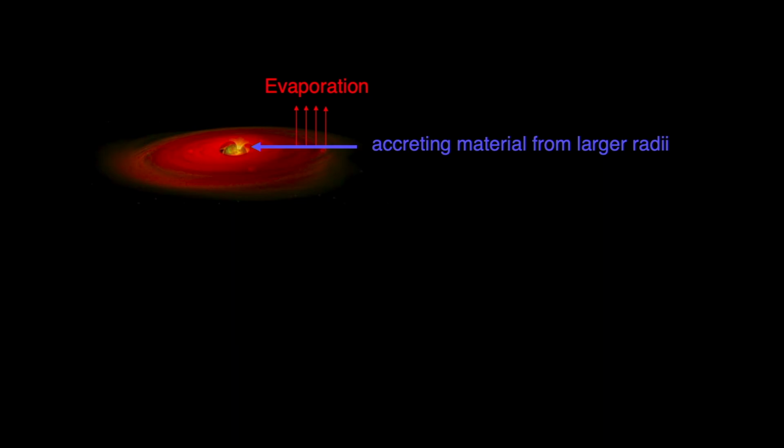So there's some heating going on here, and there's an evaporation rate. Now, as long as the evaporation rate, the amount of mass going away per unit time, is smaller than the replenishment through accretion, not much happens. Just part of the mass goes away, and the other mass will be accreted onto the star.